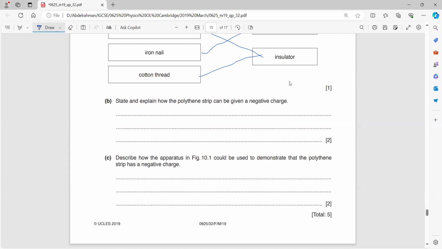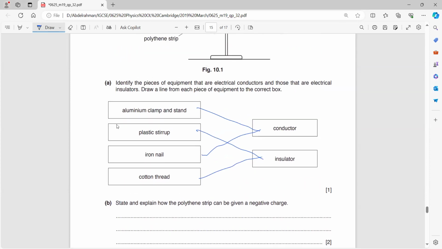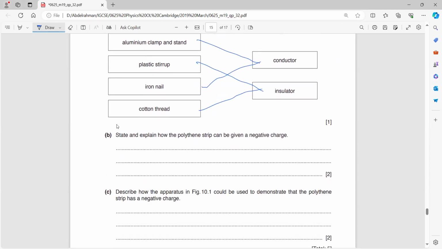How can the strip be given a negative charge? By gaining electrons from another insulator, from a cloth for example, by friction.